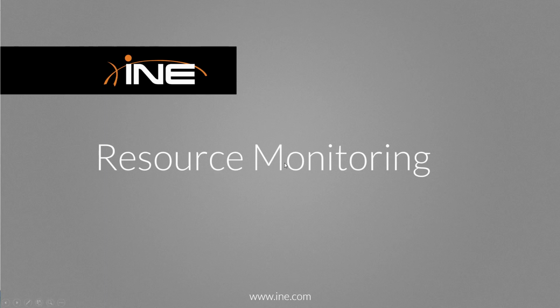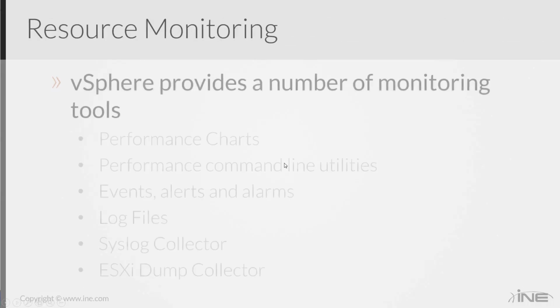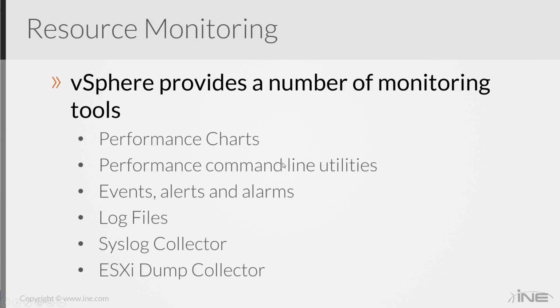I have a slide here with the different tools that we can use to monitor our infrastructure. In this particular section, I'll look at the performance charts, but as we progress throughout the course, we'll take a look at the others in the list. Our command line utilities, ESXTOP and remote ESXTOP, mainly.